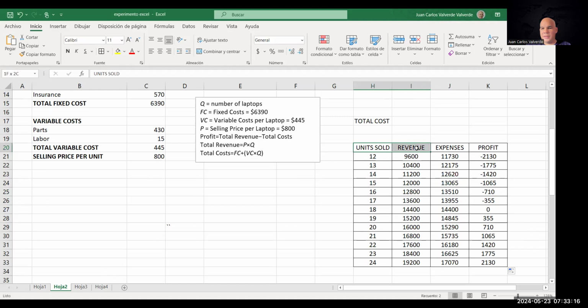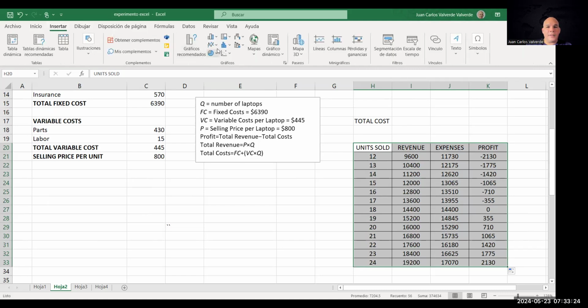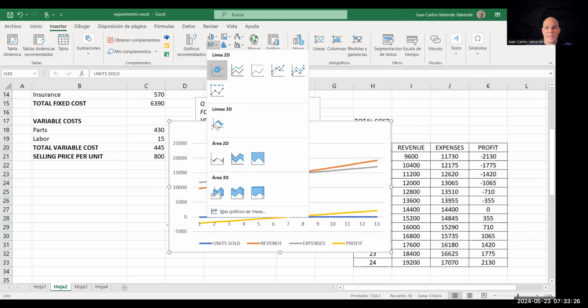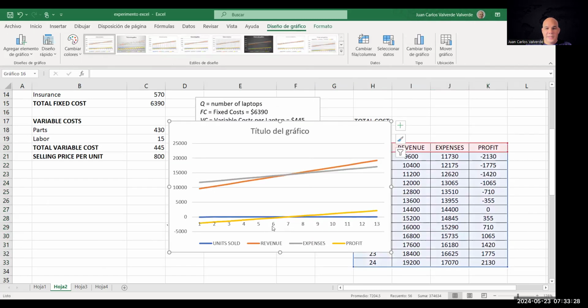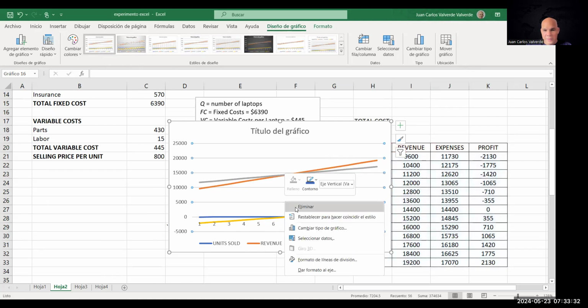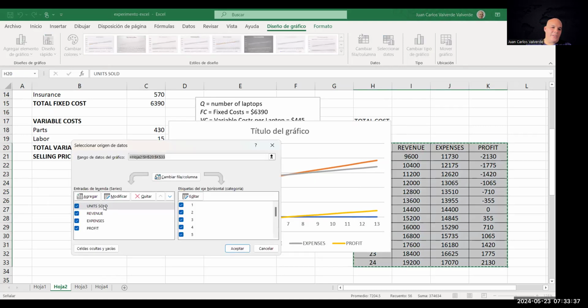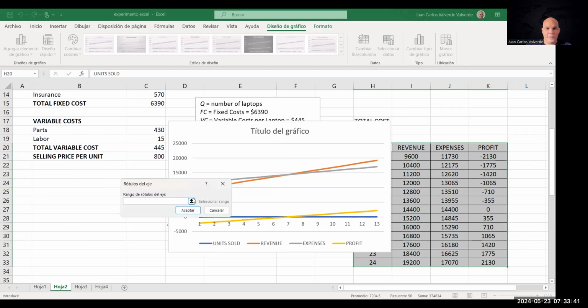Now let's make it into a chart. Okay, so here we go to insert. And we will use this one, lines. But it doesn't make sense here. So let's change this. We'll click on select data. Make sure that this is highlighted and click on edit.